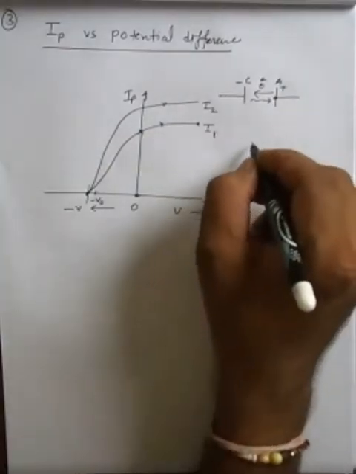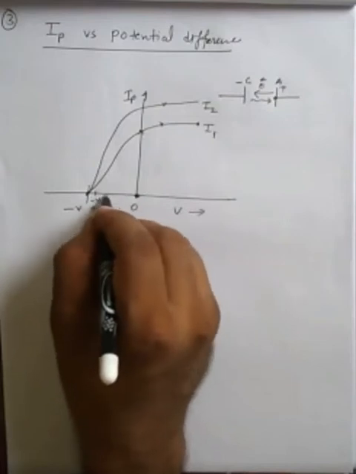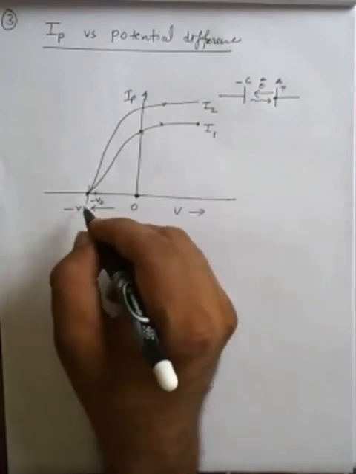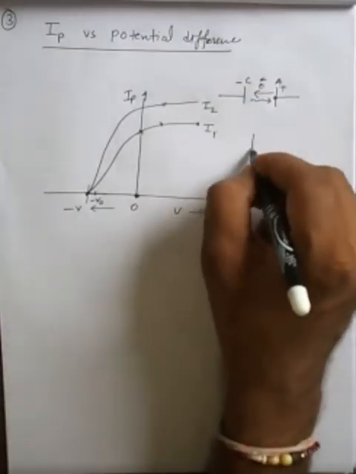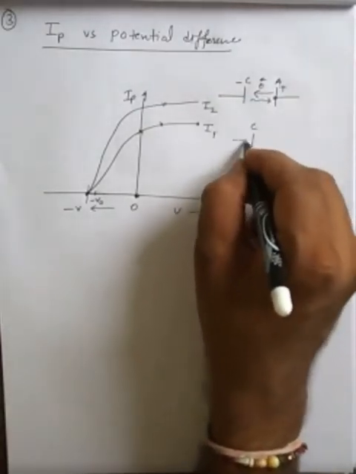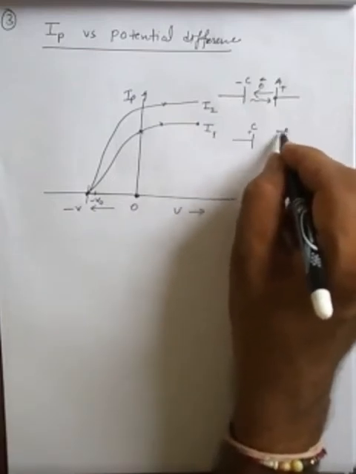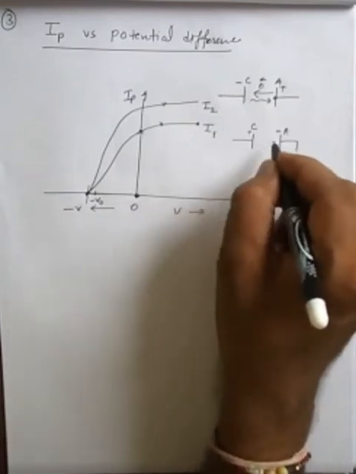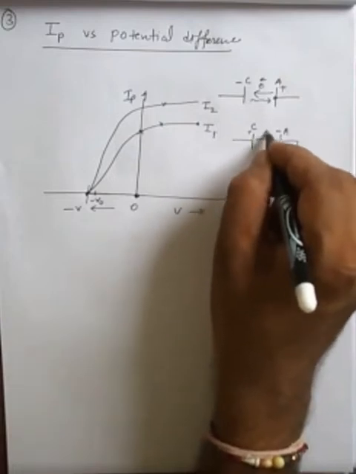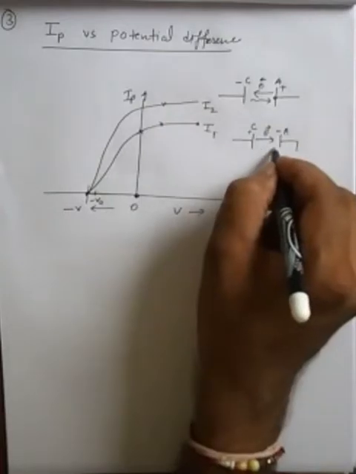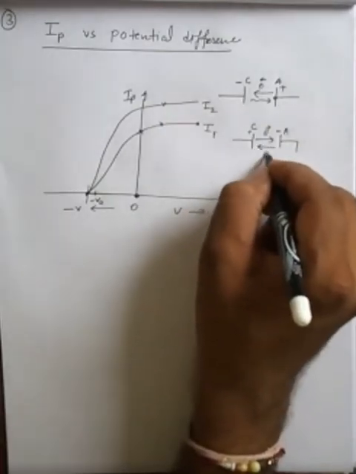But when the polarity of the battery or the power supply is reversed, it means C is positive and plate A is negative. In this case, the electric field direction is C to A. Therefore, the electron will feel a force in this direction.